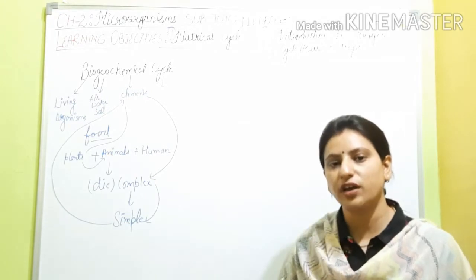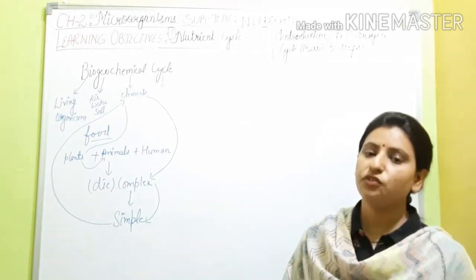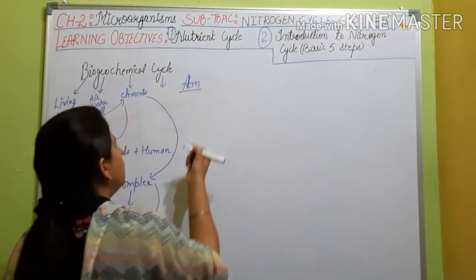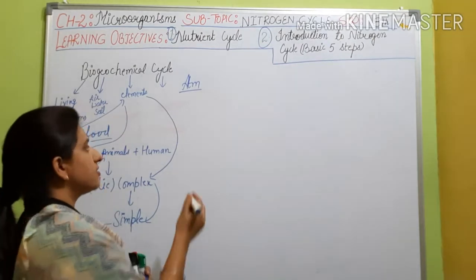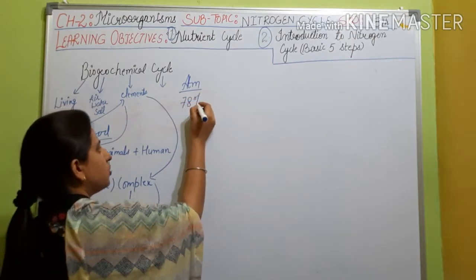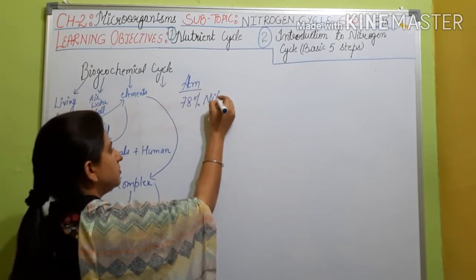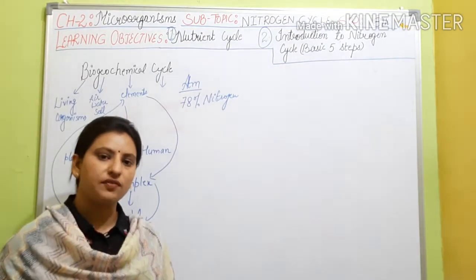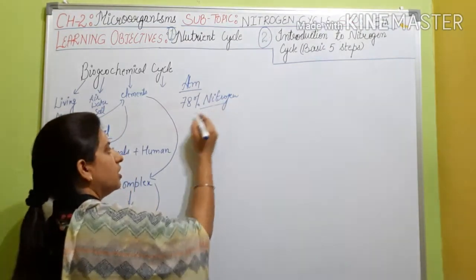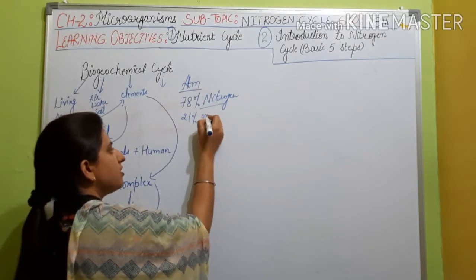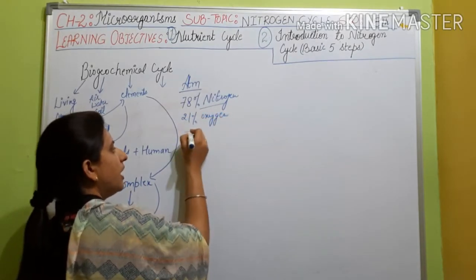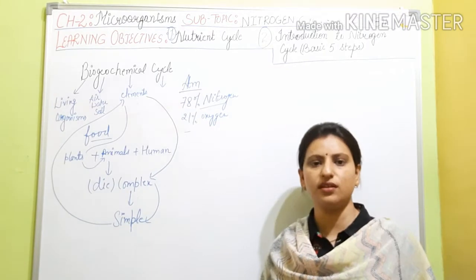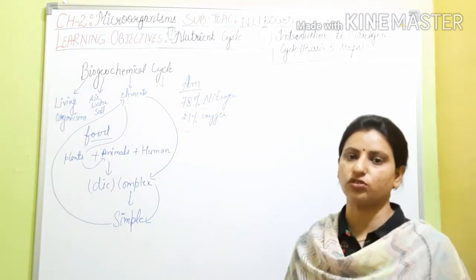Now the third component which I am talking about is nitrogen. If you look at the atmospheric concentration, our atmosphere is made up of 78% nitrogen. 78% of the atmosphere is one gas, that is nitrogen. 21% is oxygen, and the rest has a number of traces of elements in gaseous form and other things also.